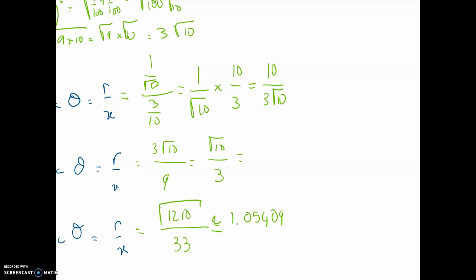Oops, I need to put my parentheses. Divided by 3, and I get 1.05409. And the last one, 10 divided by 3 times the square root of 10, and I bet it's going to be exactly the same thing. And I end up with 1.0540. So yes, I do have exactly the same thing I'm looking for.